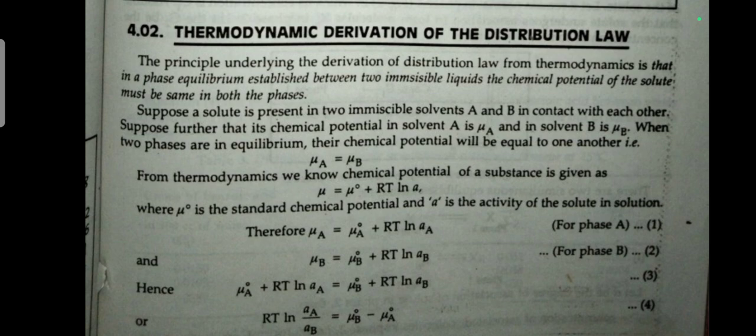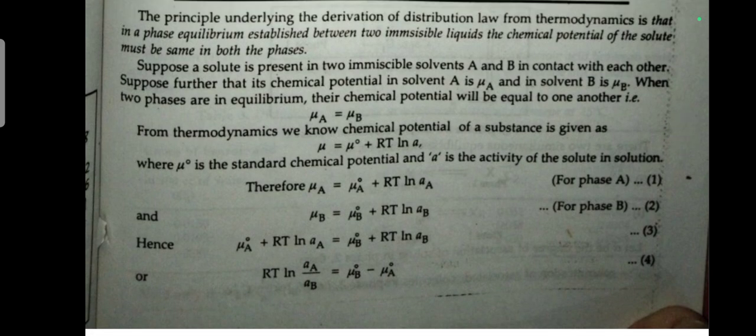Therefore, μA = μ°A + RT ln aA for phase A, and for phase B it is μB = μ°B + RT ln aB, and hence μ°A + RT ln aA = μ°B + RT ln aB. RT ln aA minus RT ln aB is equal to μ°B minus μ°A.